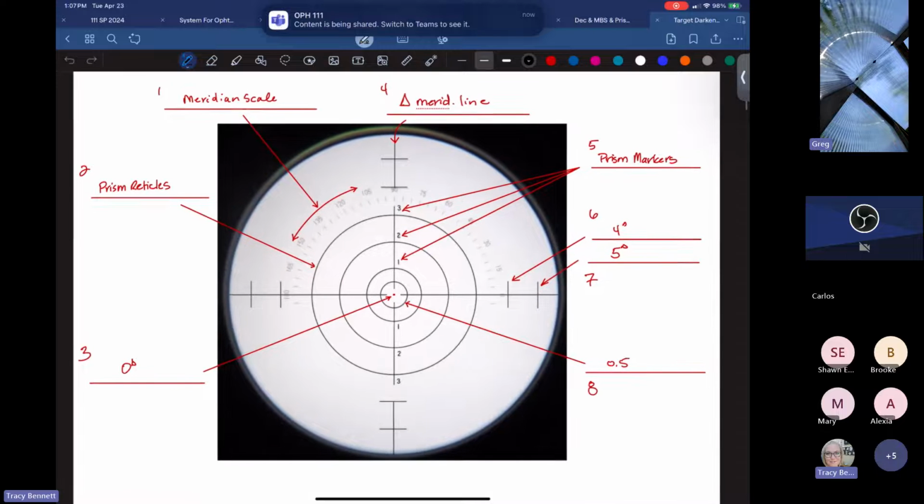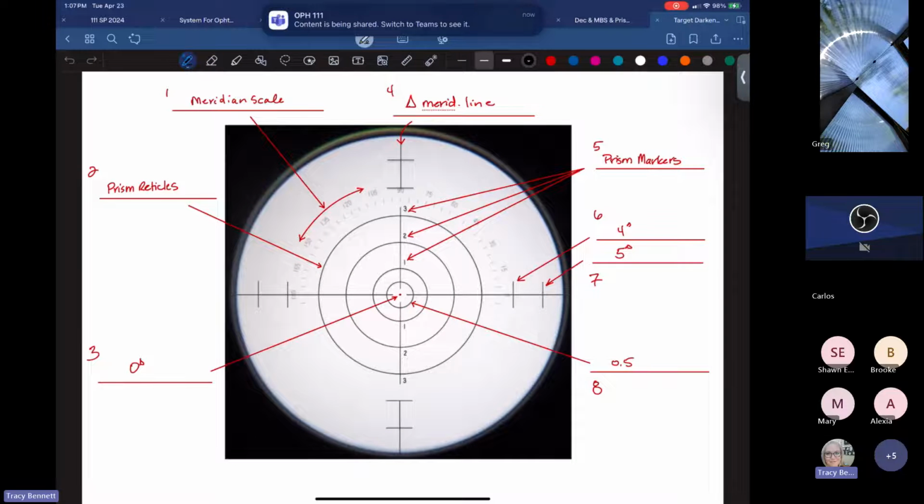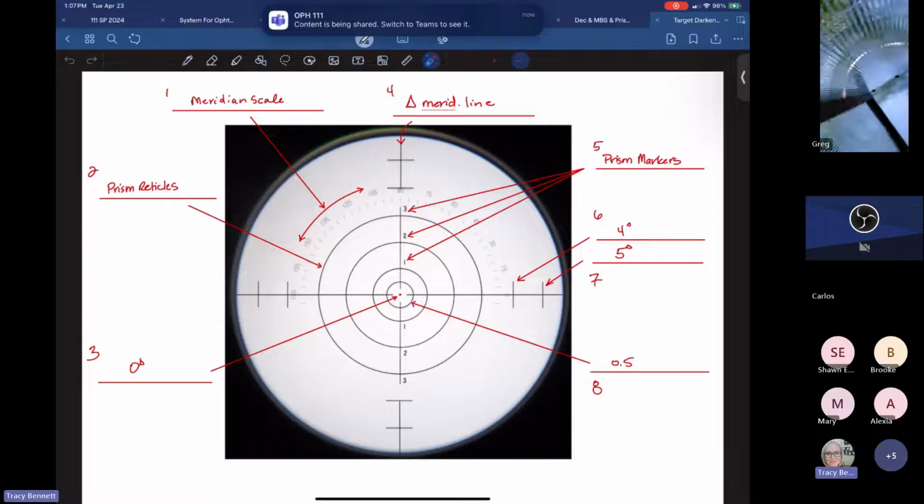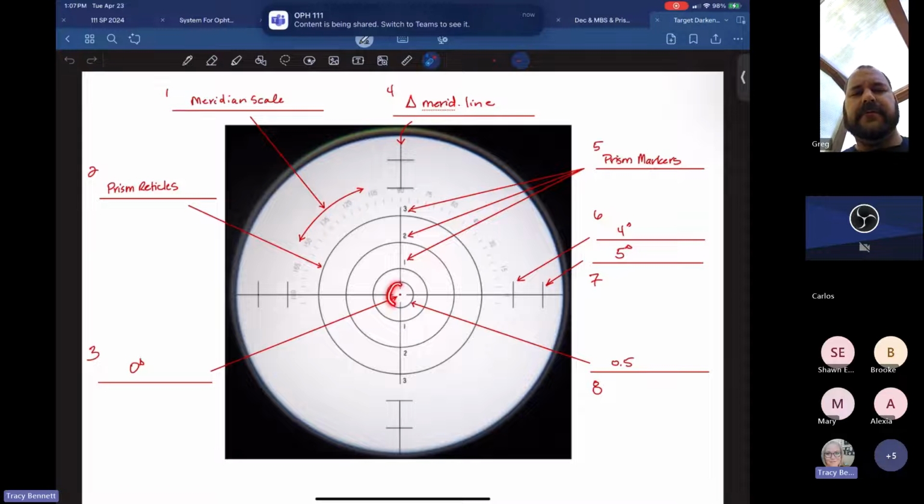Okay, so this is the interior target of the lensometer, and you remember all the different parts in here, right? You've got your circle reticles, which is what this is pointing to. You've got your prism reticles, and at the very center, you're normally focusing your lensometer target right here, where your sphere and cylinder lines are crossing.